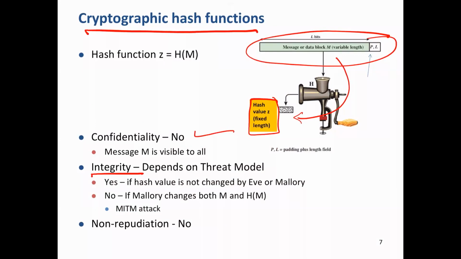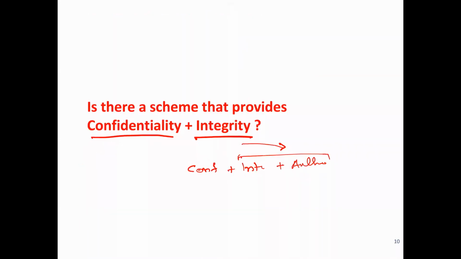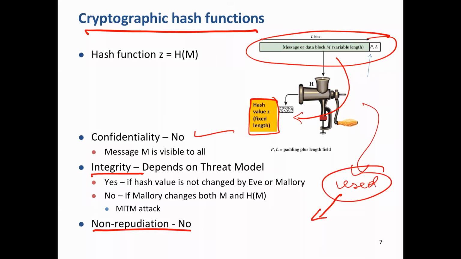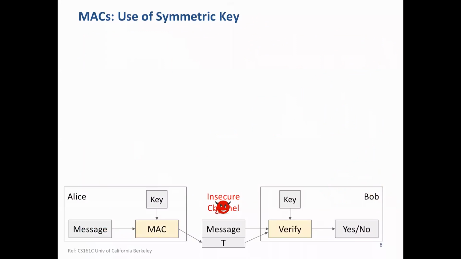If the hash value is not changed in transit, then of course yes, otherwise no. And then non-repudiation no. So if it is so, then why is it used? That you have to answer. Because it's very interesting, a very good primitive, but it's used along with others. Hash in just plain form can be used, of course, and we have seen one example and exercise that I've given to you, right? But in general, it is used with other cryptographic primitives or cryptographic functions.